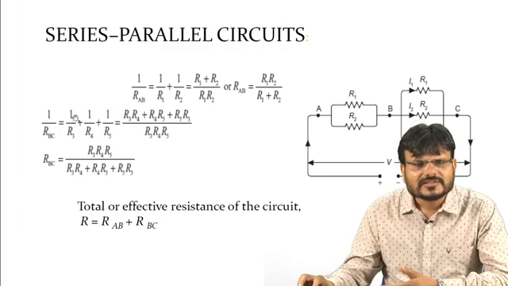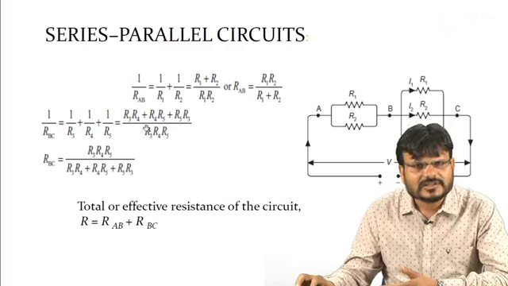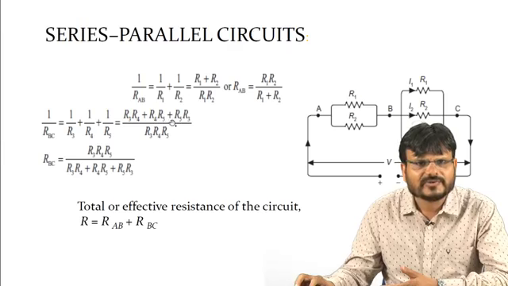So by taking the common denominator here, R3 R4 R5, it is R3 R4 plus R4 R5 plus R5 R3. So this is how you can find the equivalent resistance between B and C. So this RBC is equal to R3 R4 R5 upon R3 R4 plus R4 R5 plus R5 R3.